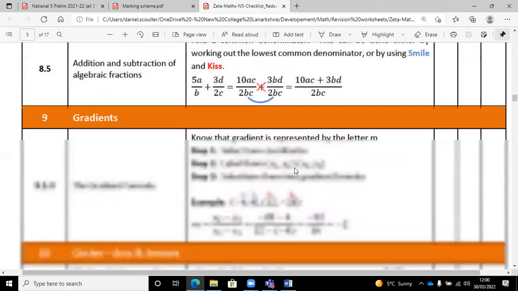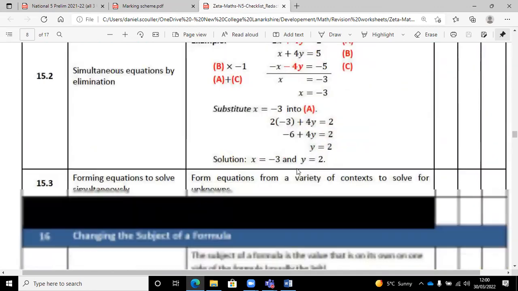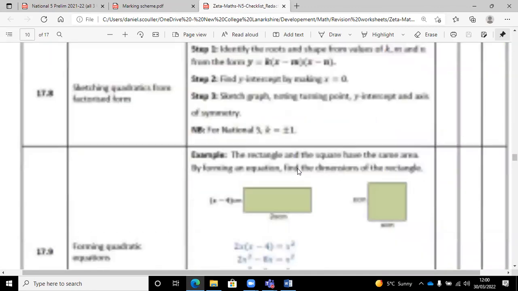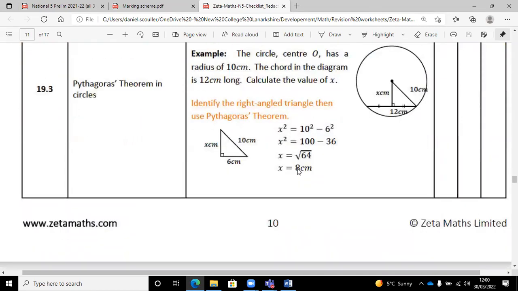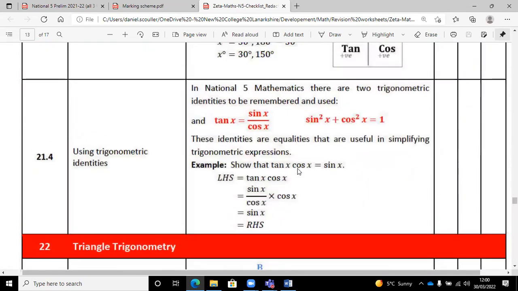Okay, so this is section 21.4. These identities have to be remembered. Where we see tan x, we can substitute in sin x over cos x.